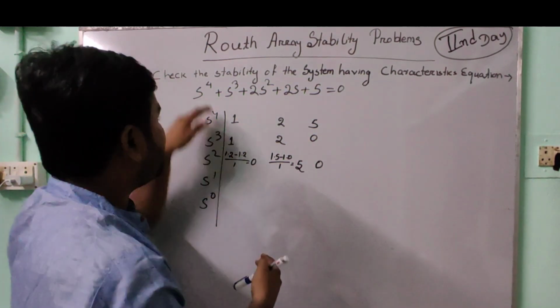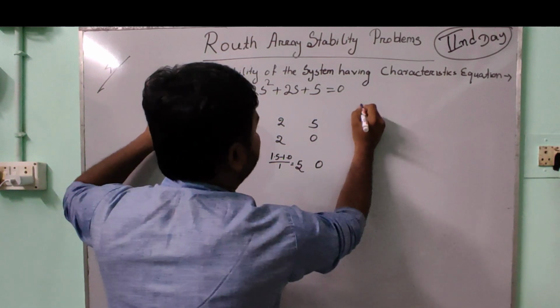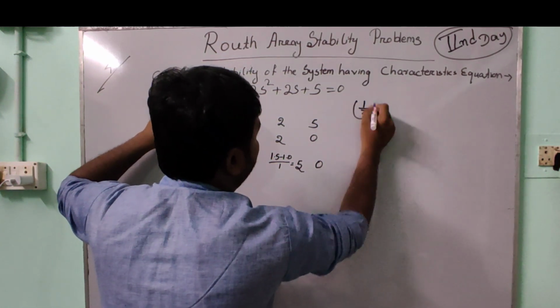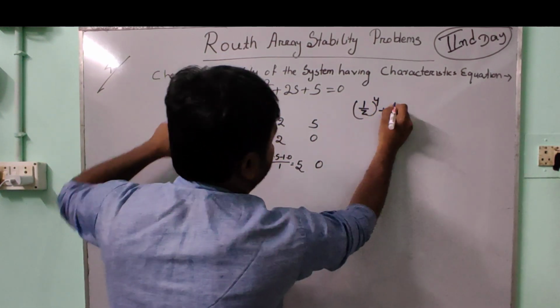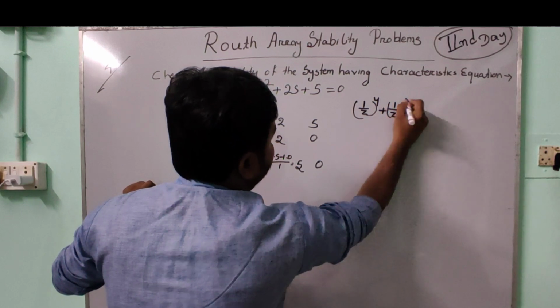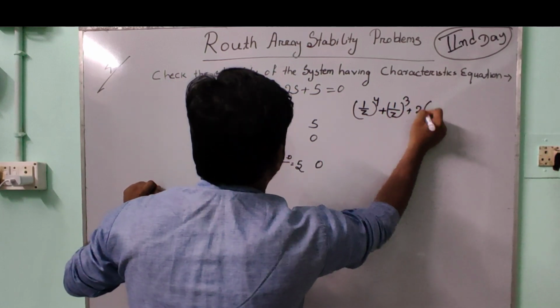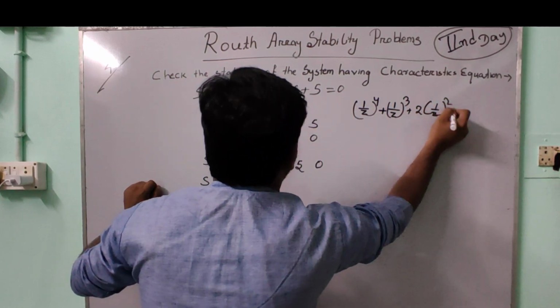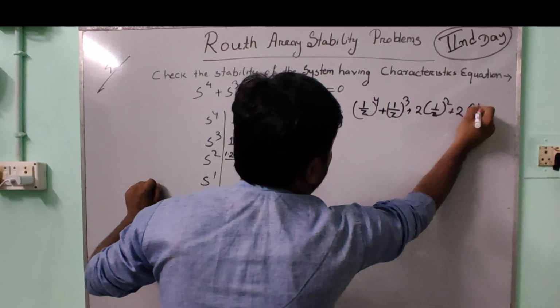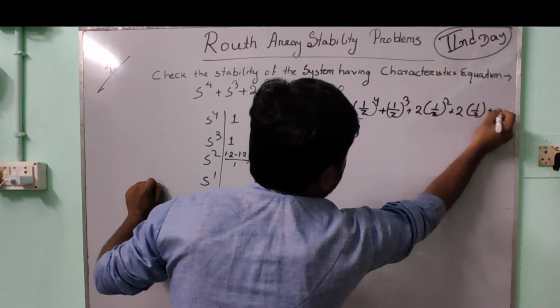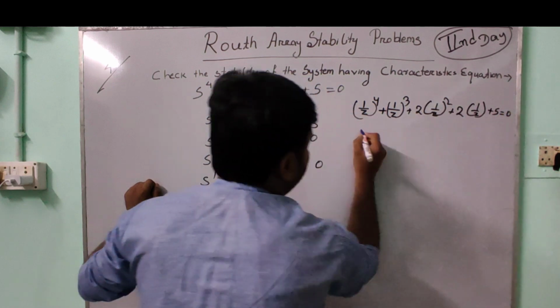So if we put 1 by z here, the equation will be 1 by z^4 plus 1 by z^3 plus 2 into 1 by z^2 plus 2 into 1 by z plus 5 is equal to 0.